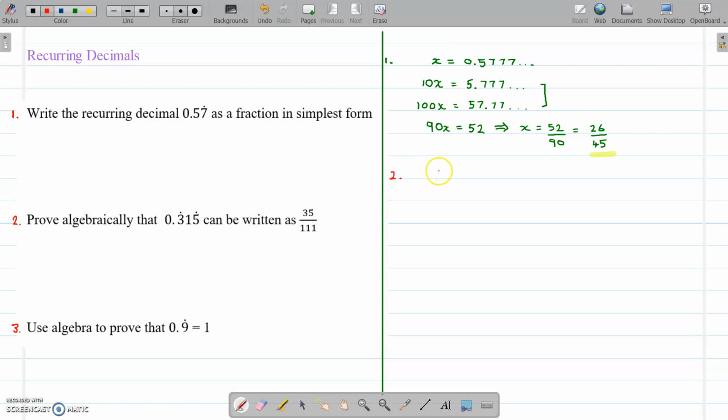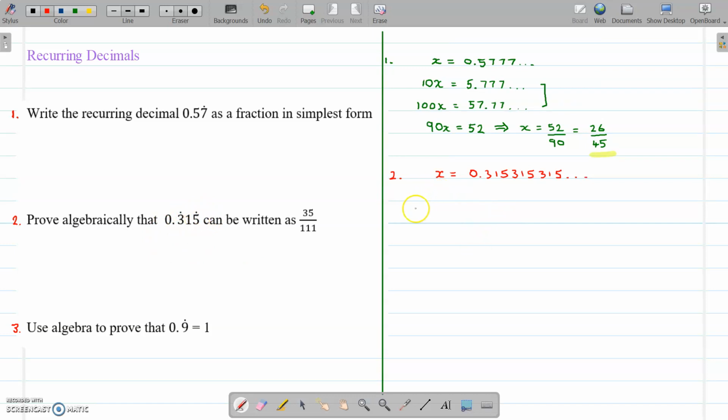It means this: x on its own is equal to 0.315 and so on. I could go on, but that's more than enough to show that you understand what's happening there. So it's the 315 that repeats, the group of digits between the first and last dots.